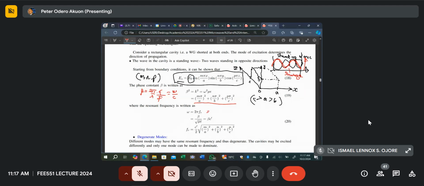So it's beta times c, but c is 1 over root of this product, mu epsilon. So you can see, we have omega is equal to beta over root of mu epsilon, which is beta times c. And now we can get the resonant frequency as that.